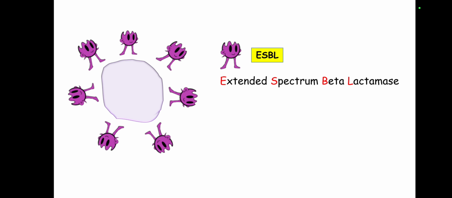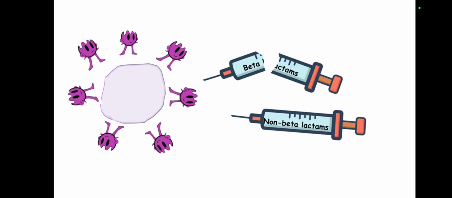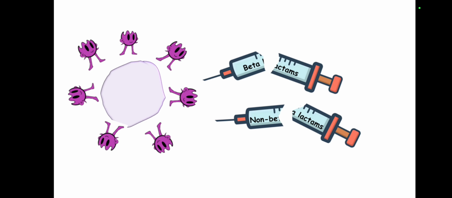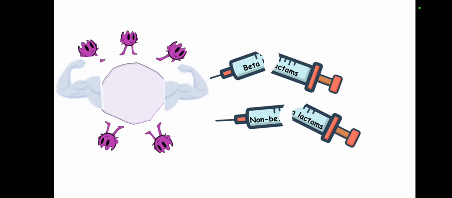So if any bacteria have got this type of enzyme, that is ESBL, extended spectrum beta lactamase, it can break a large number of antimicrobials. So now not only beta lactams, even non beta lactams are being broken down by this ESBL enzyme. It becomes resistant to most of the antimicrobials, and it becomes very powerful because almost no antibiotics are able to inhibit these bacteria.